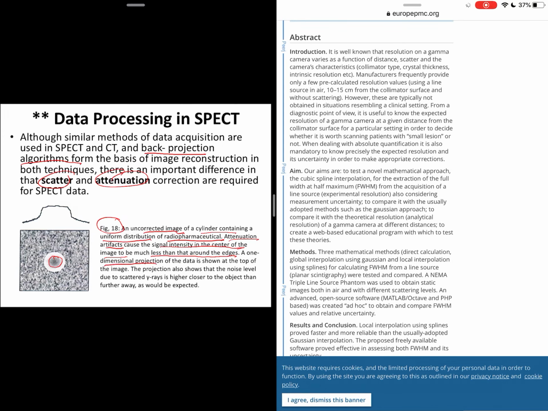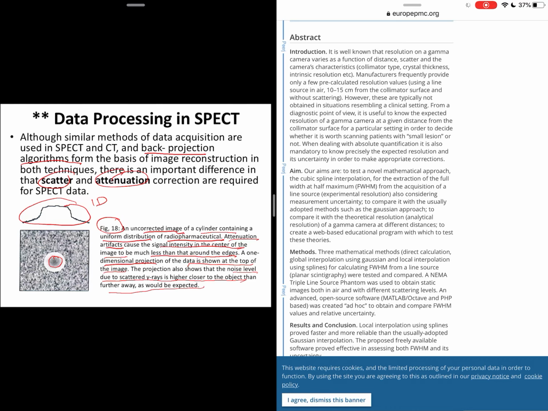As you can see, the attenuation artifacts cause the signal intensity in the center of the image to be much less than around the edges. A one-dimensional projection of the data is shown at the top of the image. So this is the 1D projection.